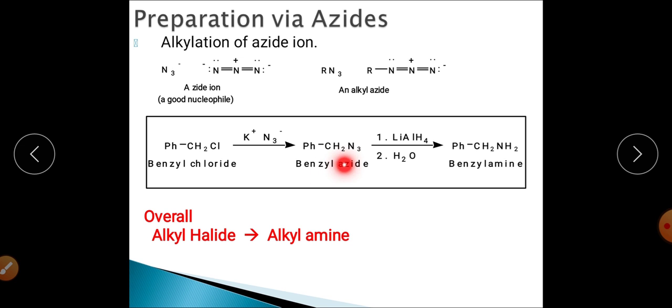When this azide is reduced using lithium aluminium hydride, it will get converted into the amine in very good yield. So this is the method by which we can convert alkyl halide into alkyl amine in a much better way.